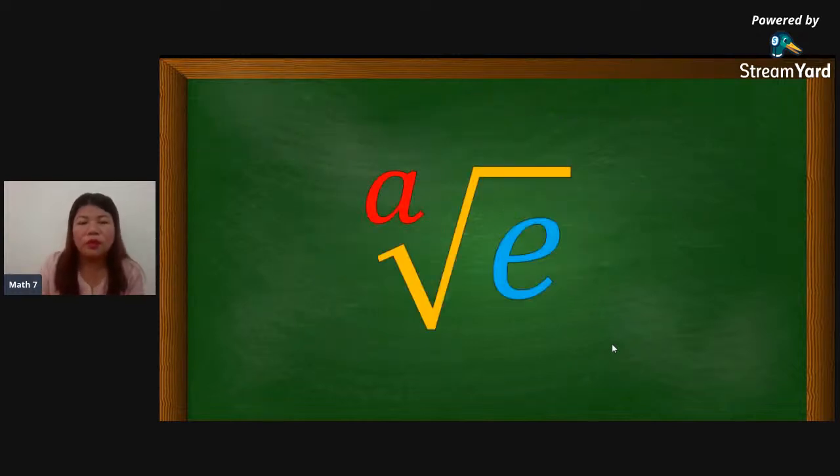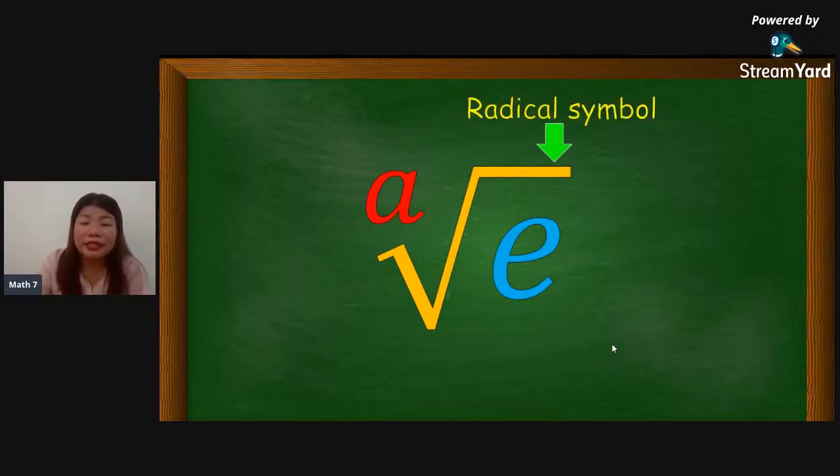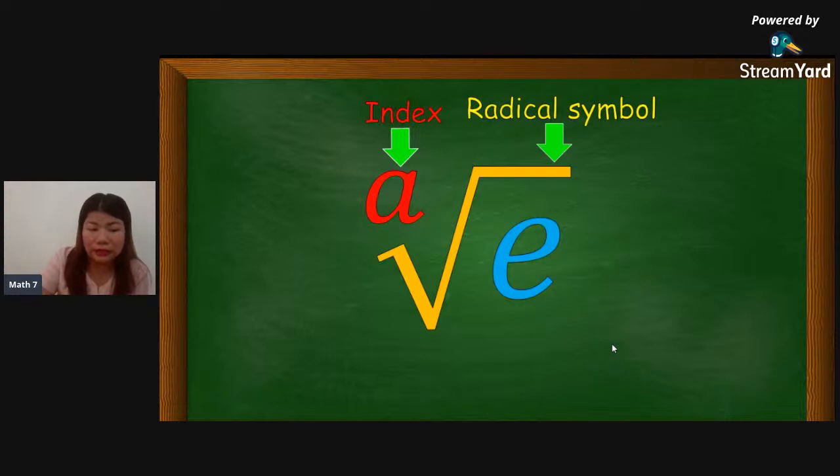Next, we have here. So, yung symbol, it's not divide, that's the radical symbol. In other books, they are calling this one as radical sign. And then, yung letter A, it pertains to the index. And then, yung nasa loob, that is the radicand.